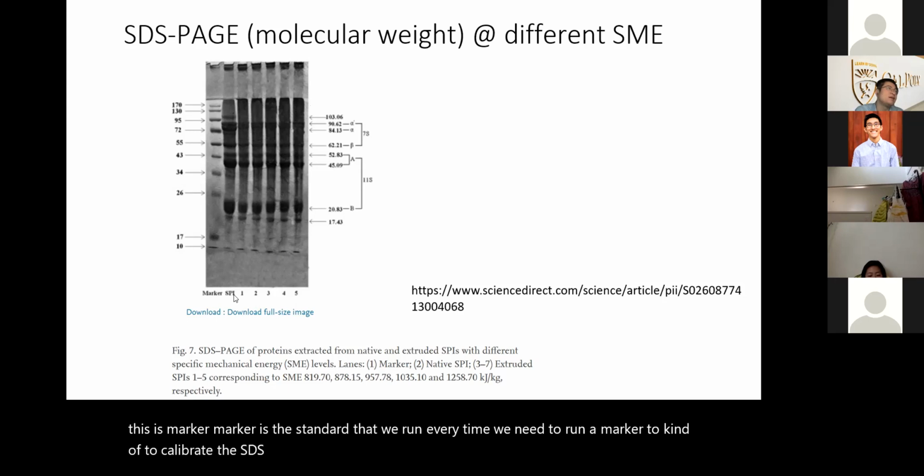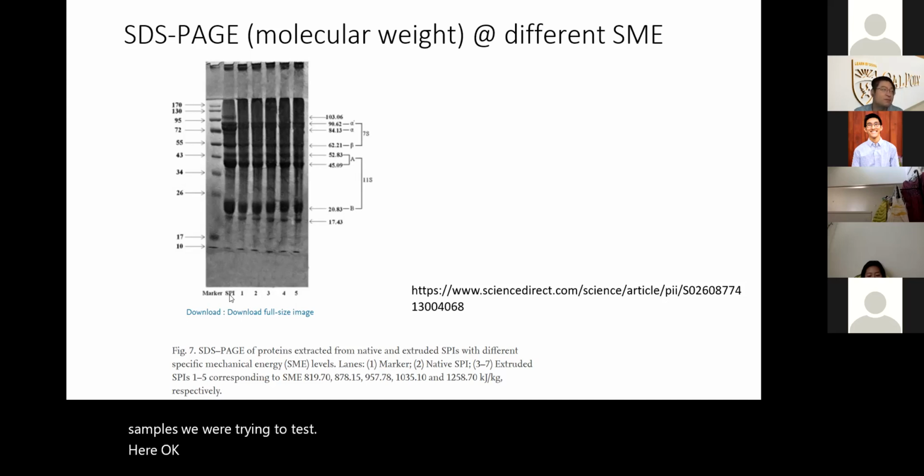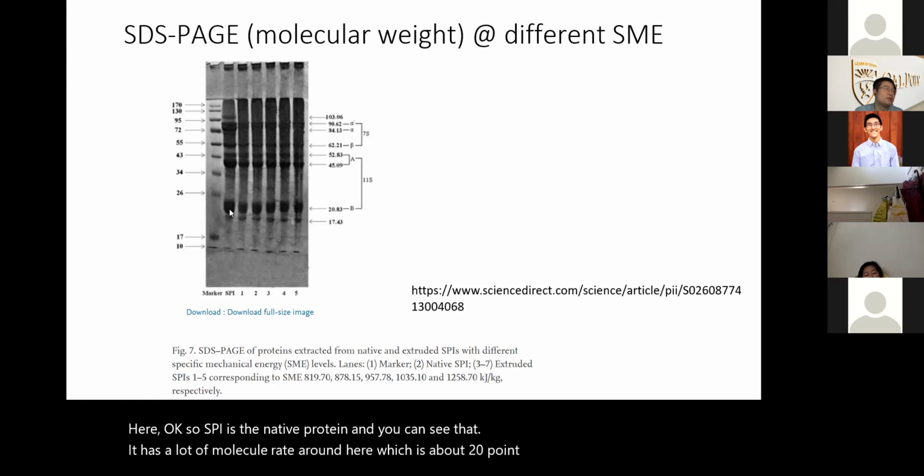And then here you see SPI 1, 2, 3, 4, 5. Those are the different samples we are trying to test here. SPI is the native protein, and you can see that it has a lot of molecular weight around here, which is about 20.83 kilodalton.